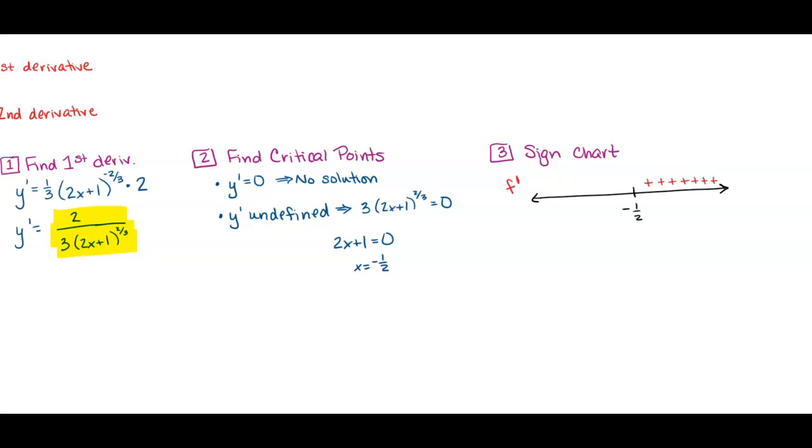And I'm going to cube root it, which would still be a positive, and multiply by 3. That's still positive. So because of this power of 2, this 2/3 power, it's a square and a cube root, it makes everything positive. So no matter what we plug in there, we're going to get a positive first derivative.